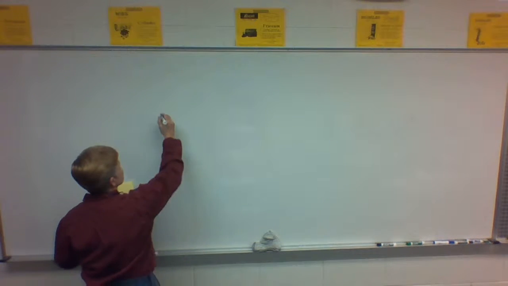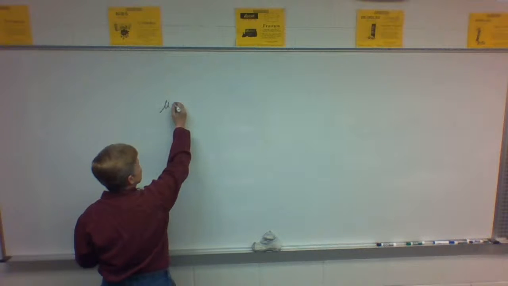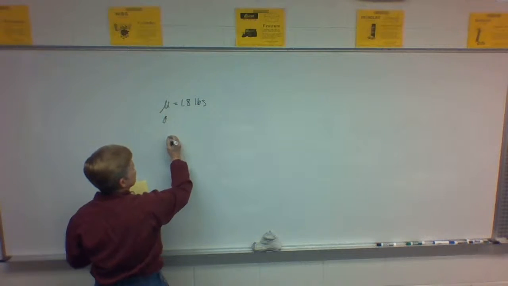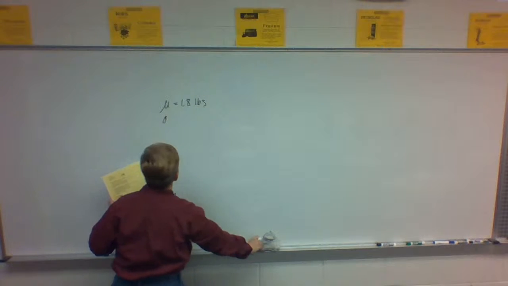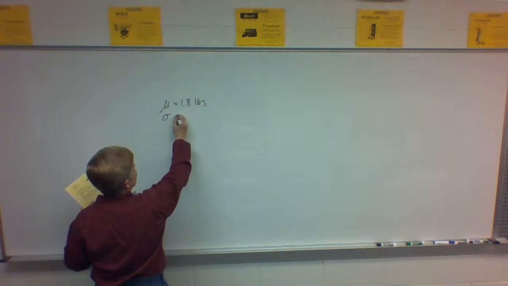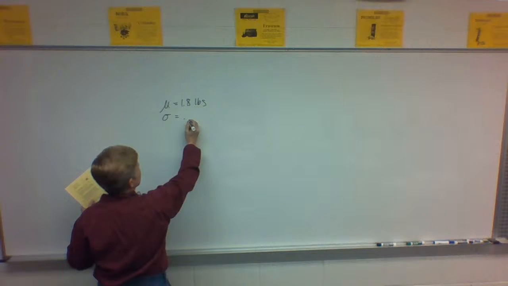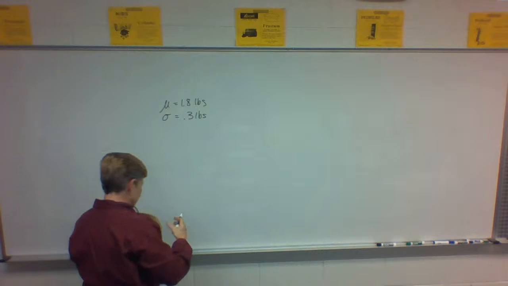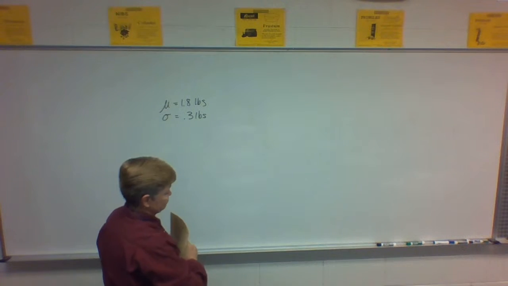They just put it in the way it is, but it's mu. That's the mean, and the mean is 1.8 pounds. And the standard deviation is the small cursive Greek letter sigma, which looks like a small cursive o. The standard deviation is 0.3 pounds. Okay, so here are the types of questions with that information, and that's all you get.